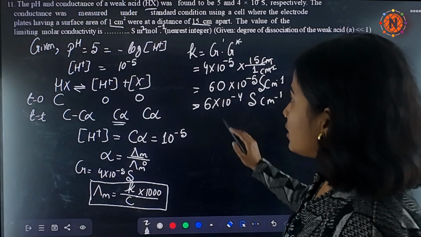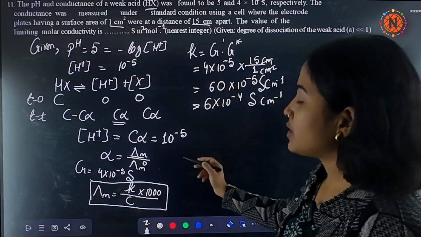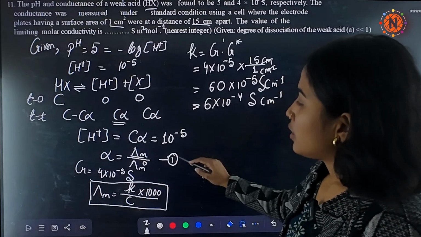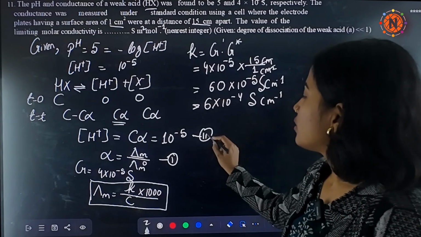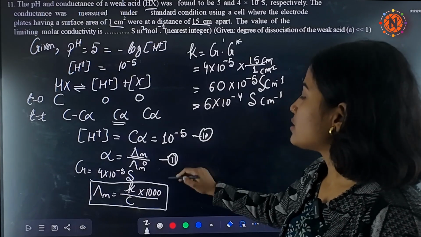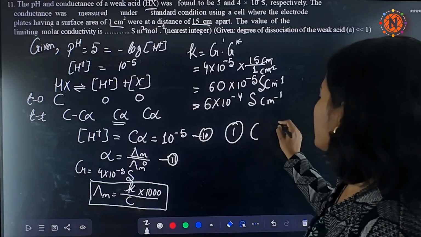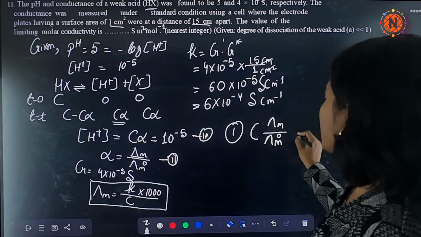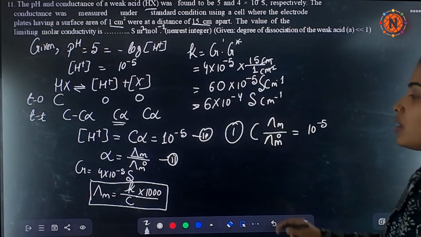Now we have found out the conductivity, that is our K. Let us put this in this equation. Let us consider this equation number 1, this is equation number 2. So equation number 1 can also be written as C delta M divided by delta M naught equals 10 to the power minus 5, correct?